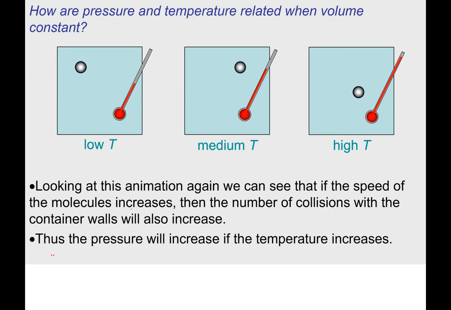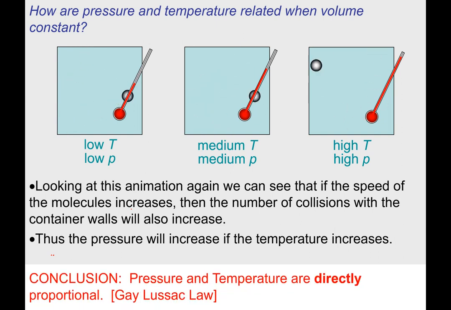So we can conclude here that as temperature increases, so does pressure. So we say that pressure and temperature are directly proportional, and that is attributed to a law. That is a law that's attributed to a scientist from a long time ago, Gay-Lussac. You'll sometimes hear it called the Gay-Lussac law. I don't expect you to know the names of the laws. I just expect you to know that pressure and temperature are directly proportional when volume is constant.